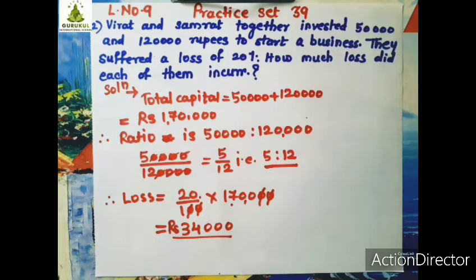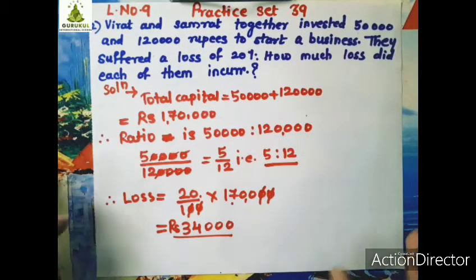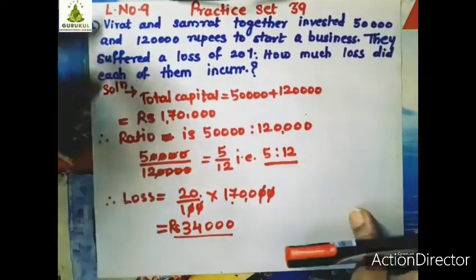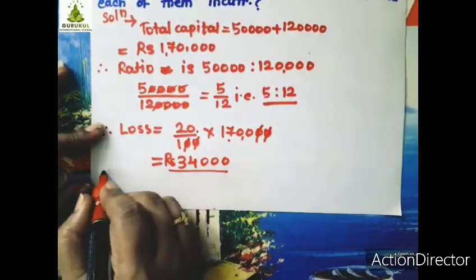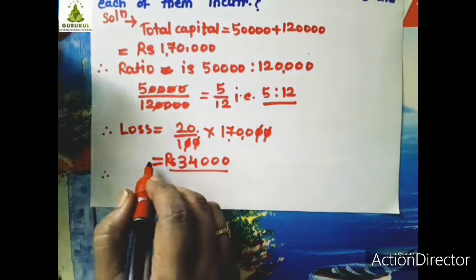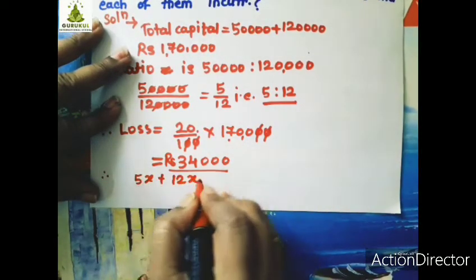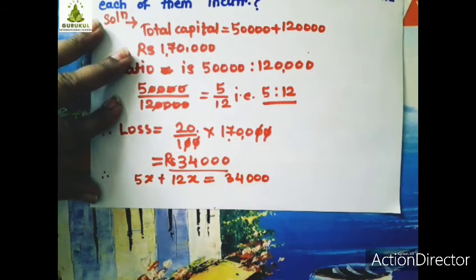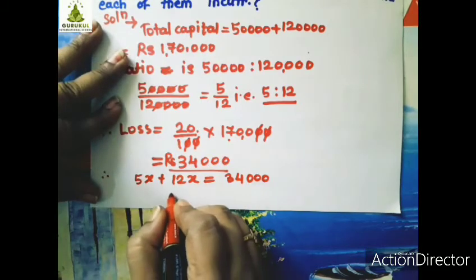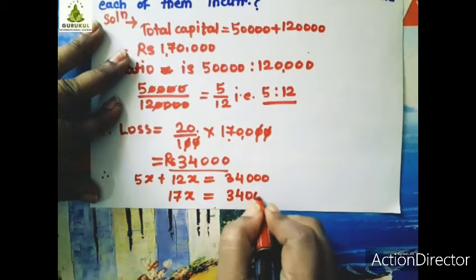Now this sum we have to continue on the next blank page, so I will shift it up a little bit. 5x plus 12x is equal to 34,000. Now 5x plus 12x will be 17x is equal to 34,000.